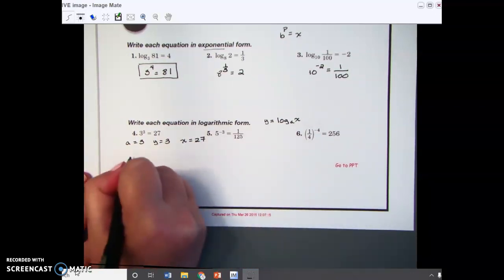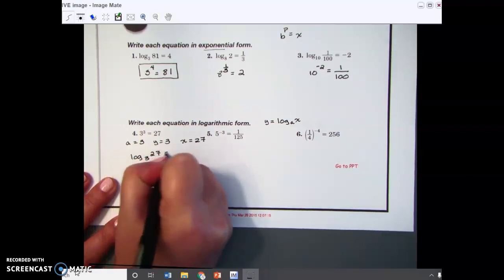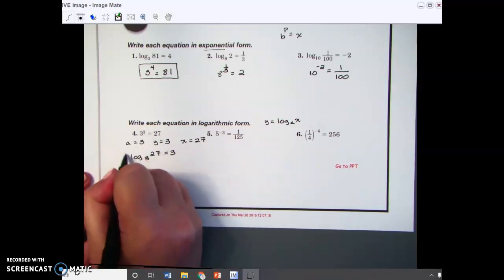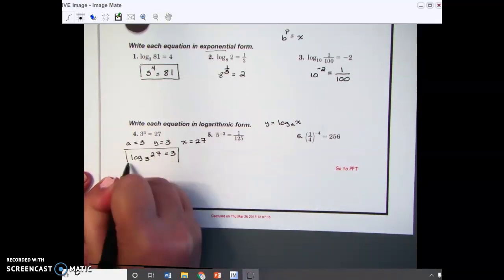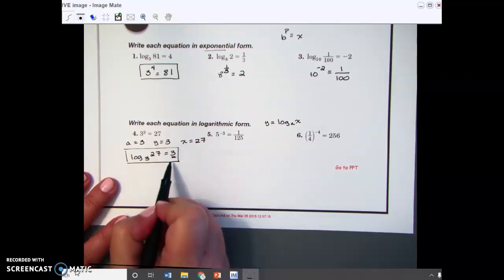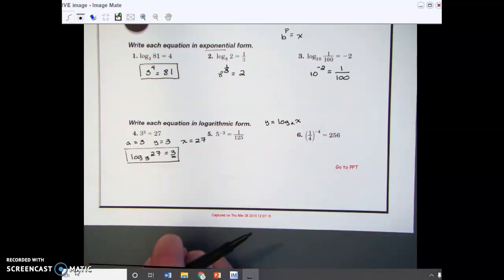So we're going to say the log base 3 of the number 27 is equal to 3. We're saying 3 to the 3rd power is 27. So this is the log form. Remember, the right side number is always your exponent. Take a moment to pause the video and go ahead and do questions 5 and 6.